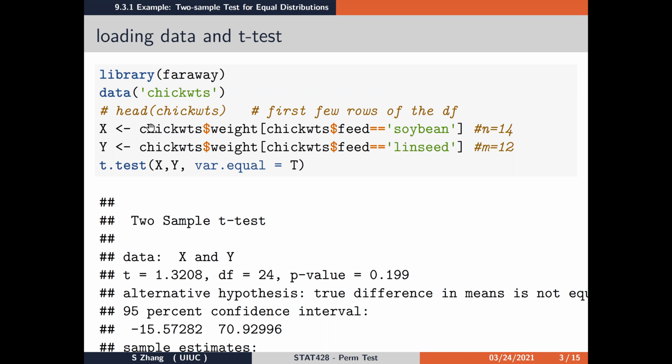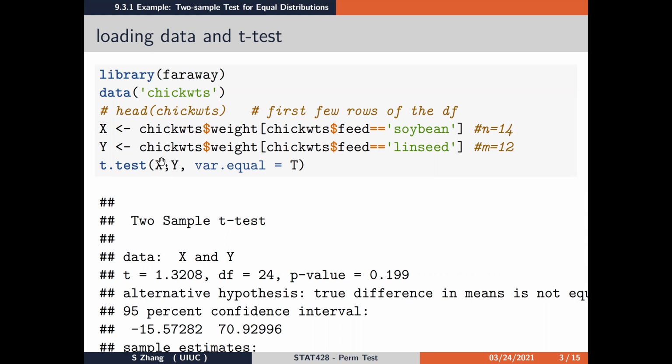Our X's are going to be the weights of the chicks who were fed soybeans. So there are a total of 14 of those. Our Y's are going to be the weights of chicks who were fed linseed, and there are a total of 12 of those.